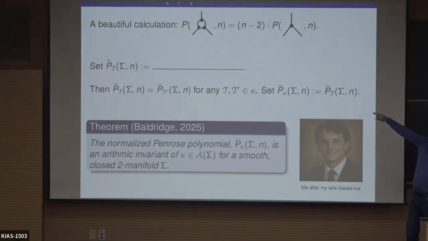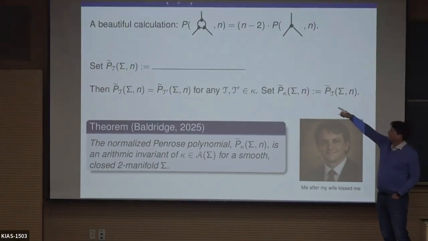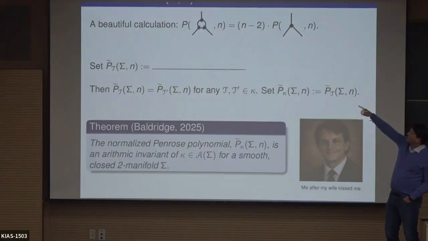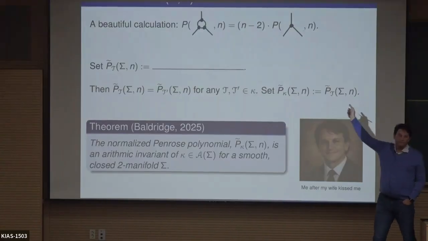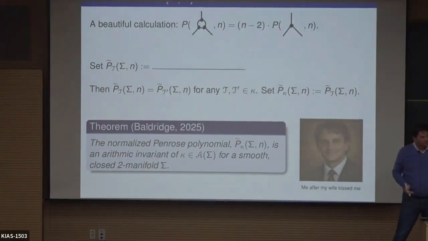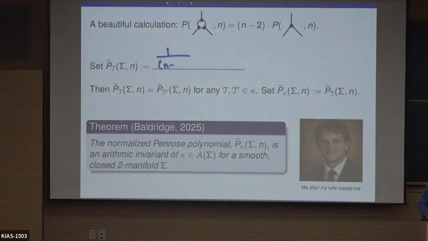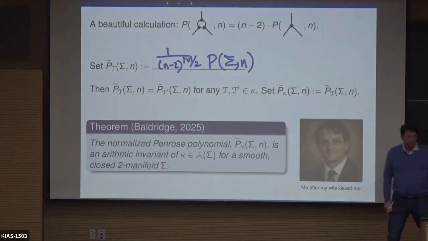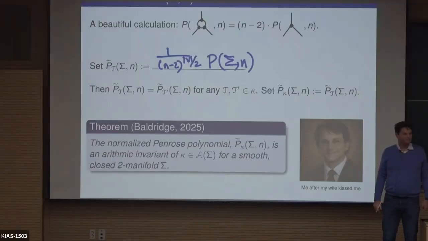So a beautiful calculation that you can do, and it's not very hard, is to calculate that the Penrose polynomial at n of the blow-up is n minus 2 times the original. So here's the observation: 1 over (n minus 2) to the number of vertices divided by 2 — I make that the normalized Penrose polynomial. Now it doesn't matter how many blow-ups you do.